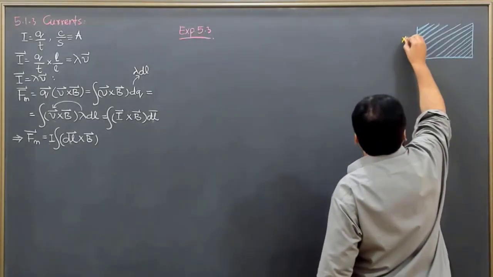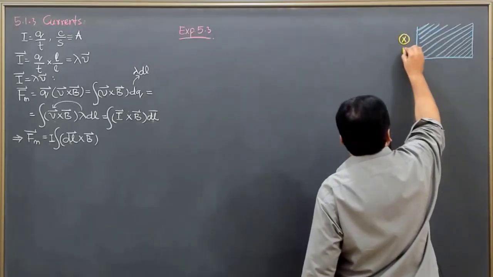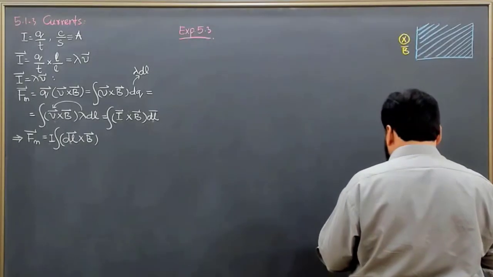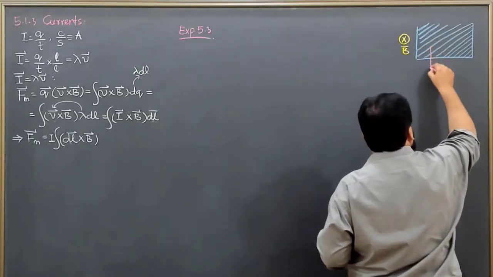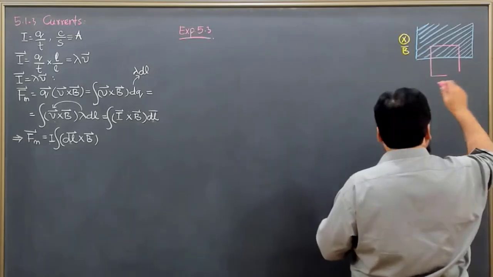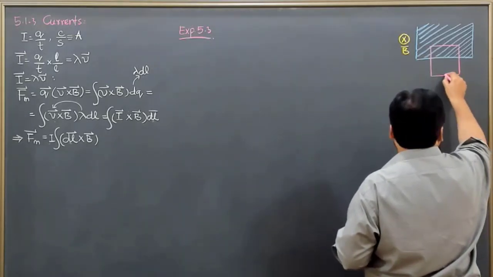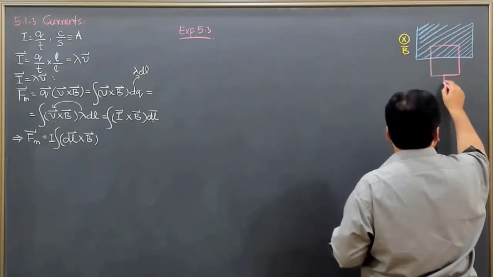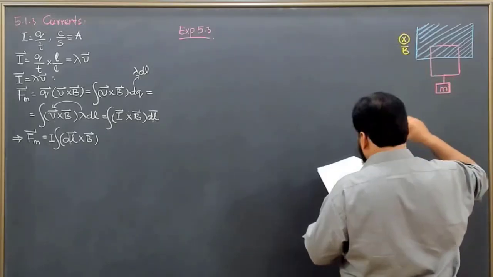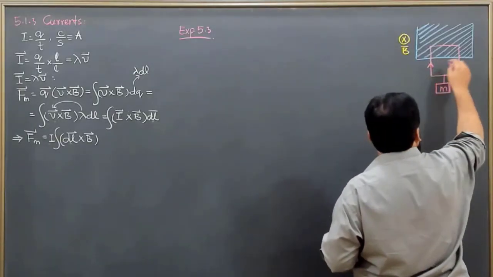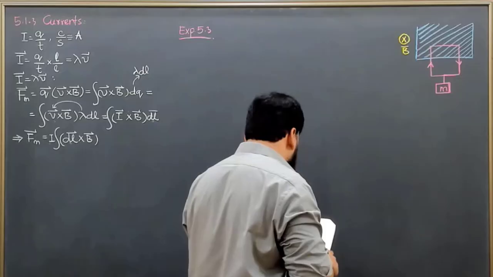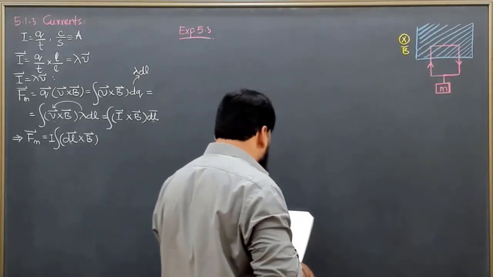And we have a loop of wire, and to this loop we have attached a mass M. The current in this loop must go this way and come back this way in order for the magnetic force to balance the gravitational downward force.